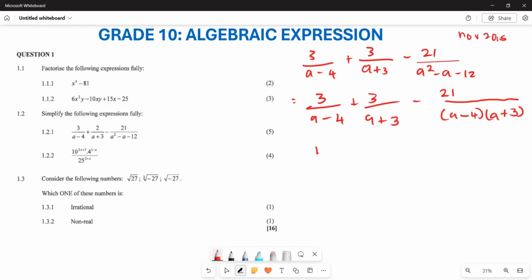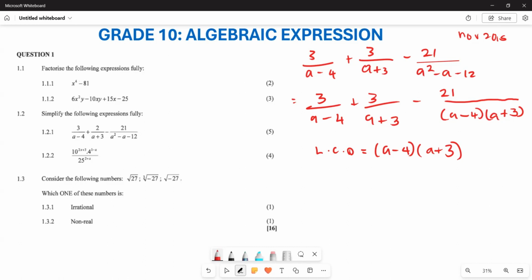You are going to look for your LCD, the lowest common denominator. Now, if you check in all of these, you have a subtract 4 here, here you have a plus 3. But the last one has both of these, right? So your LCD is going to be a subtract 4 and also a plus 3.